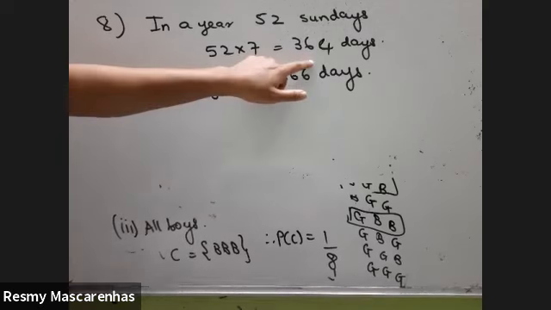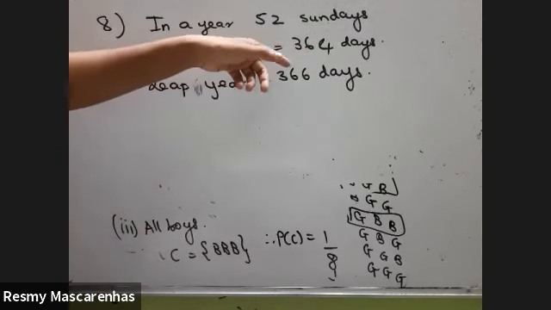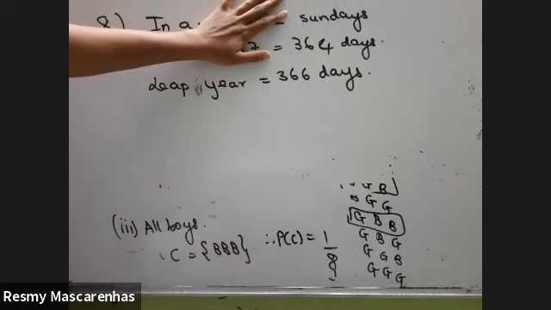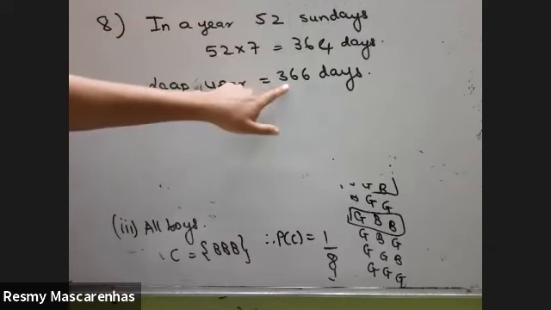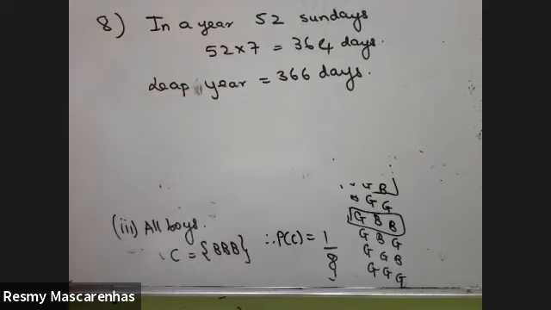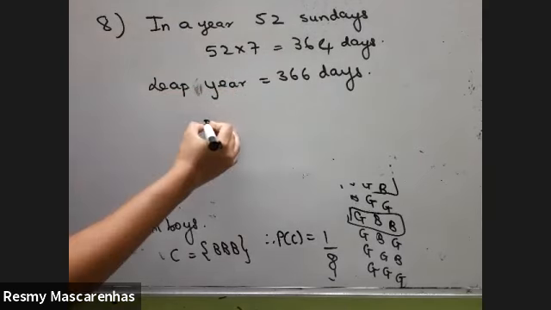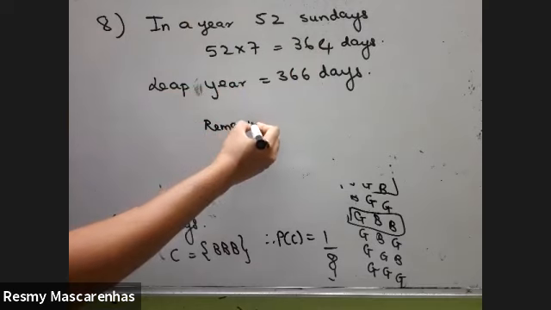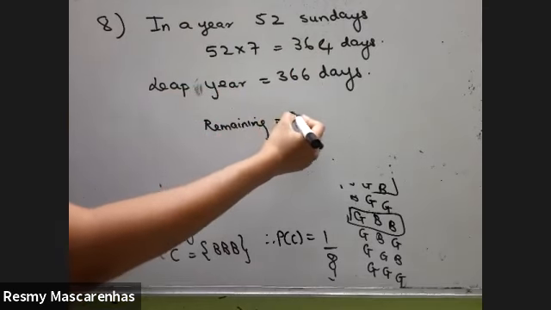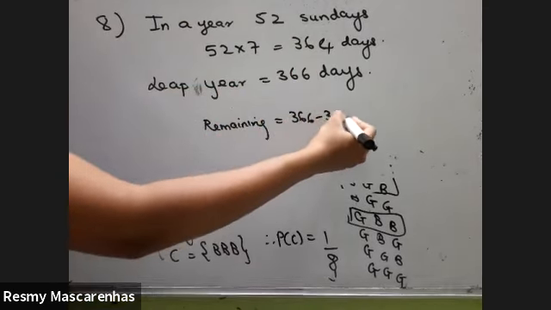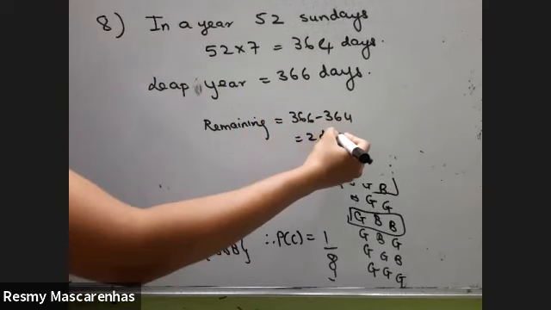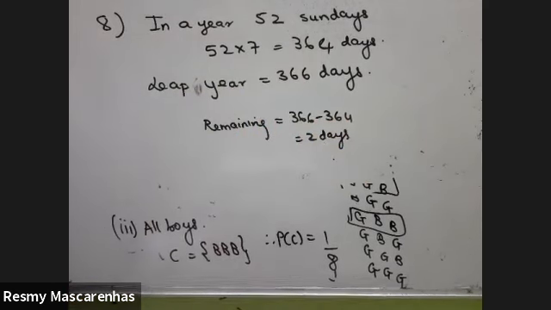Out of that, 52 Sundays are already compulsorily there. So how many remaining days will be there? Remaining would be 366 minus 364. There are 2 days which are left, which could be anything.